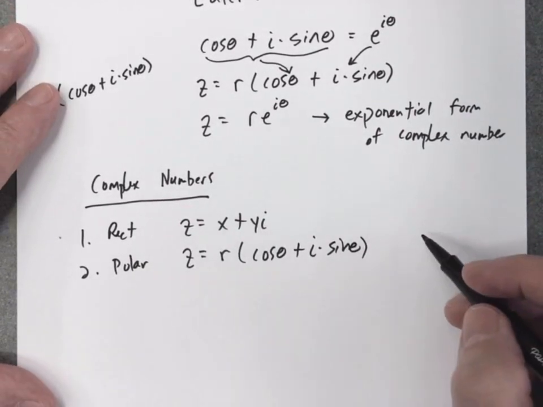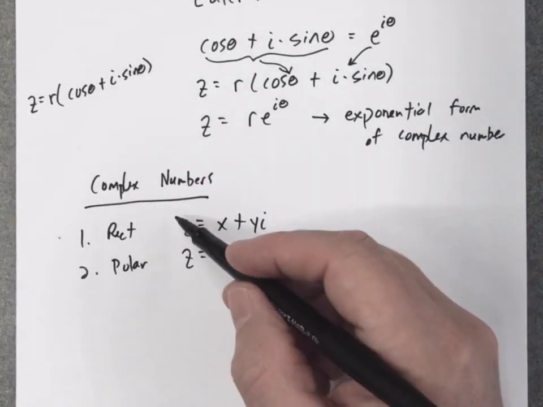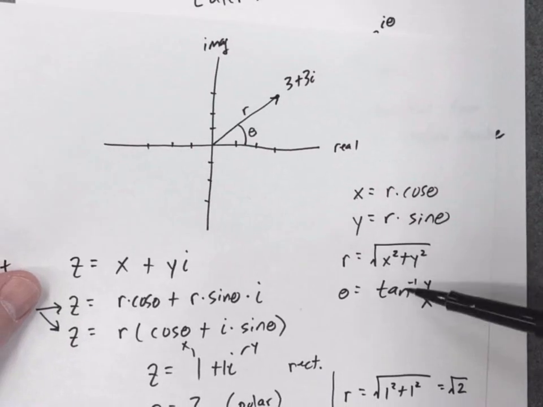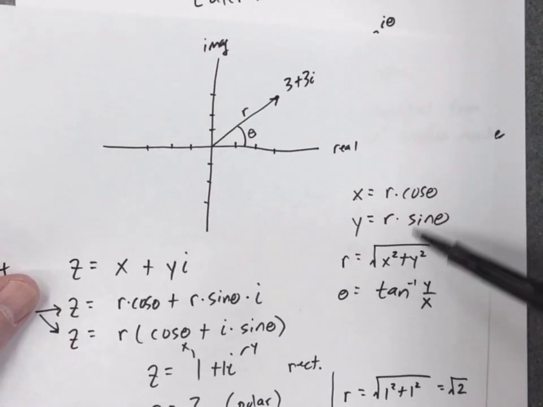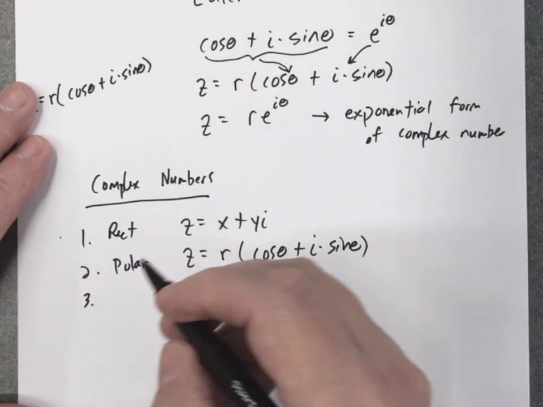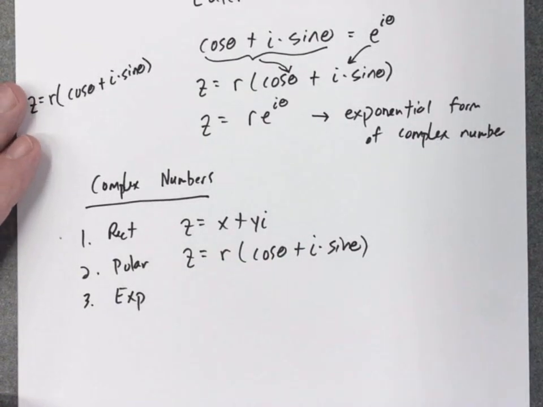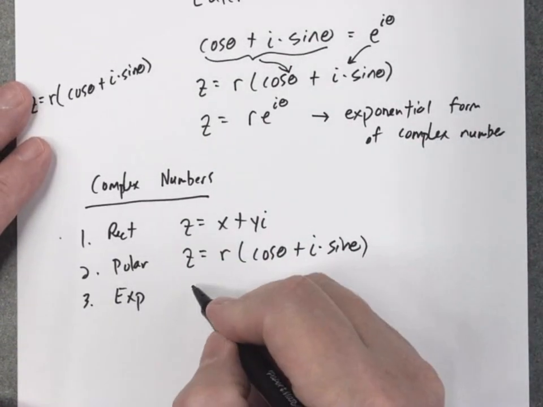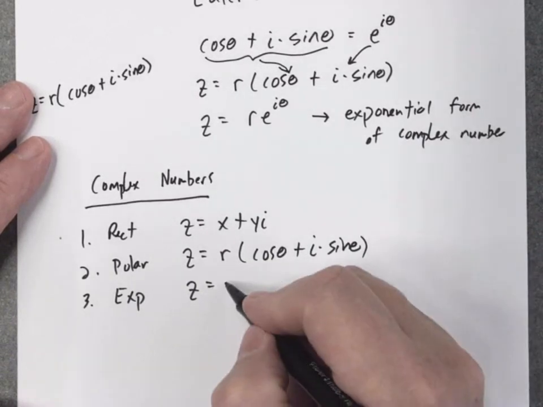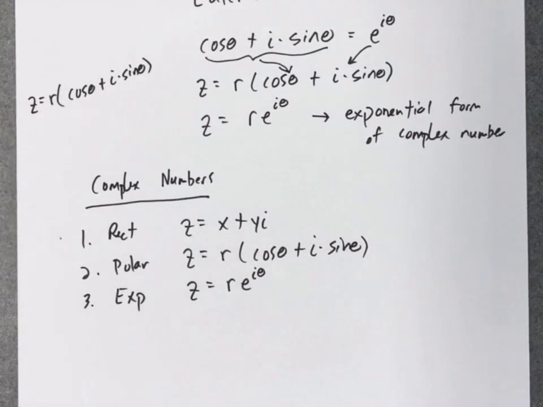And the key here, I won't rewrite them, but going back and forth between rectangular and polar, you have to use these equations. And now a third way to write a complex number is the exponential form. And that's going to be z equals r e to the i theta.